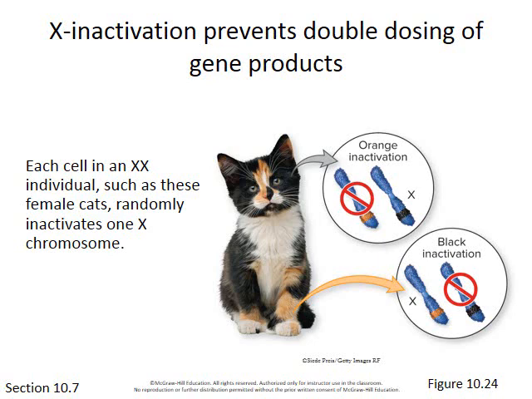There's something called X inactivation that takes place in females. And this basically is preventing the double dosing of gene products. And so when it comes to the X chromosome, it's a little different sometimes. All of these other chromosomes are meant to have two sets of alleles that are kind of interacting.